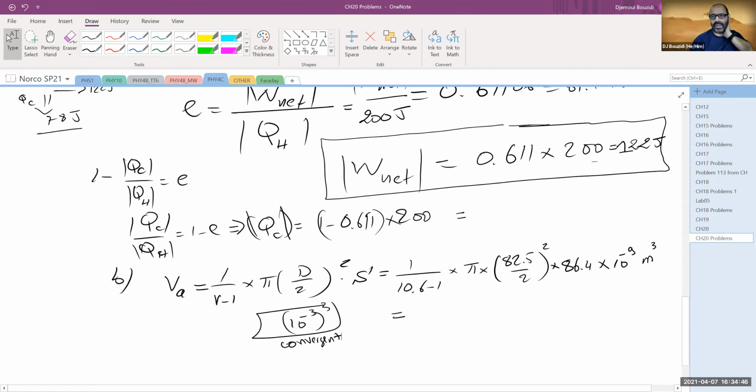So if I plug in the numbers in there, at the end I have pi times open parentheses 82.5 divided by 2, the whole thing squared, times 86.4 and divided by 9.6, which is just the difference between the two numbers.